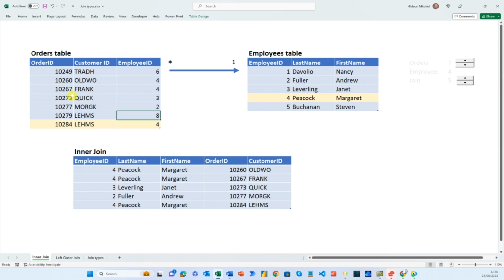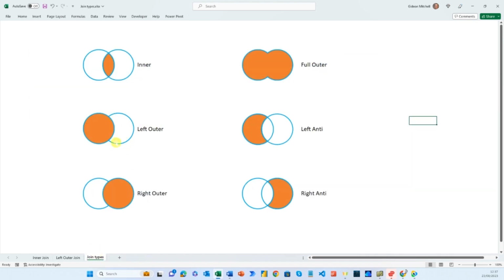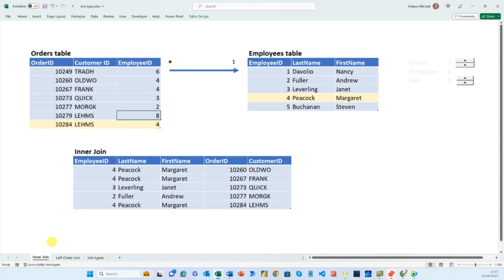But if we wanted all of the orders, whether they came from an employee or from the website or from the reseller, then we want the left outer join, because we're interested in all the records from the left-hand table, whether or not they represent an employee on the right.